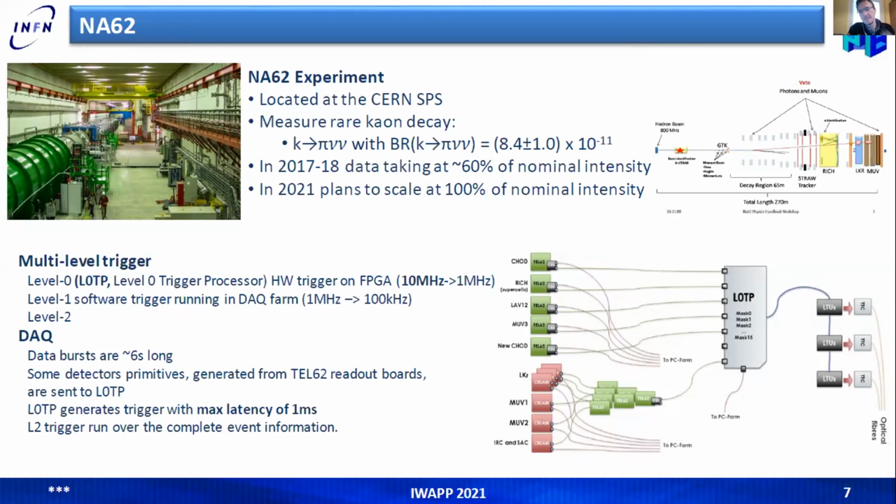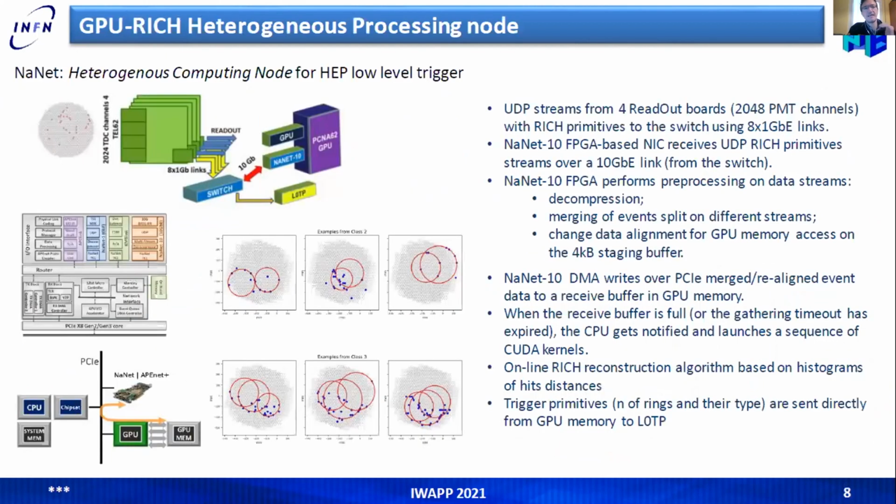It is quite large for a typical high energy experiment, but this allowed us to experiment with a heterogeneous computing node based on FPGA and GPU, that is called the GPU RICH, that worked in the past runs, in which data coming from the 4 readout boards of the Cherenkov detector are sent to the NaNet board, that is an FPGA hosted on a server.